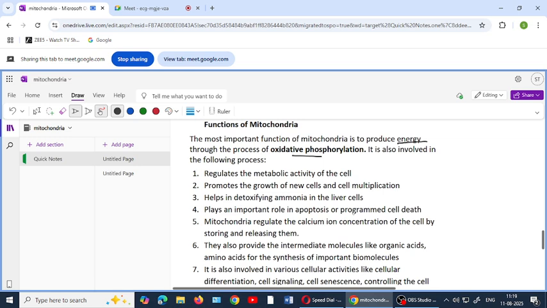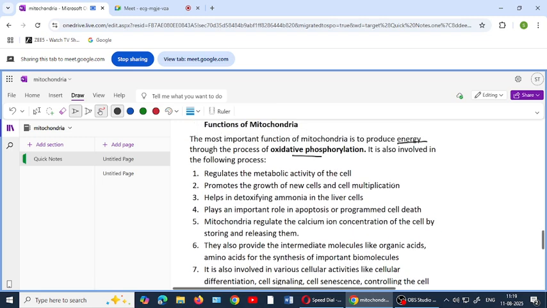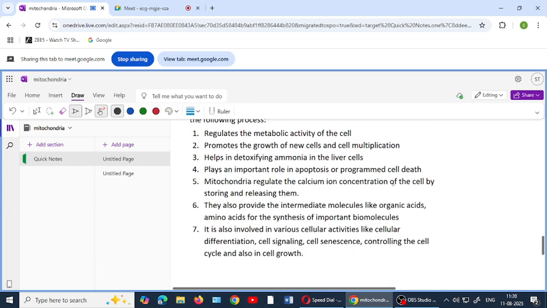So the other functions are, main function is cellular respiration, in which the oxidative phosphorylation happens, and this oxidative phosphorylation is the major step for energy production, and it regulates the metabolic activity of cell. Metabolic activity means the chemical activities, anabolic and catabolic activities.